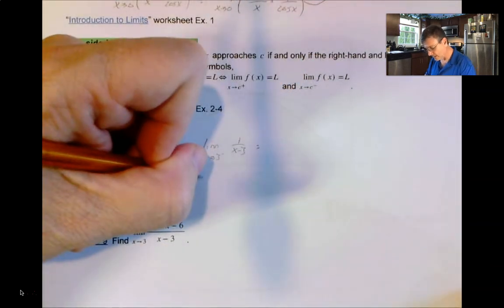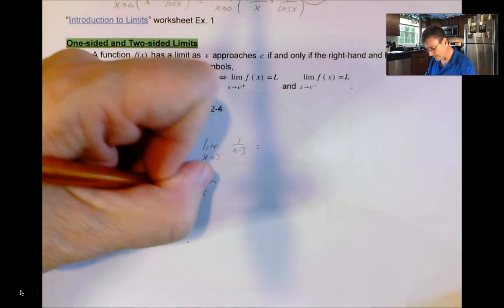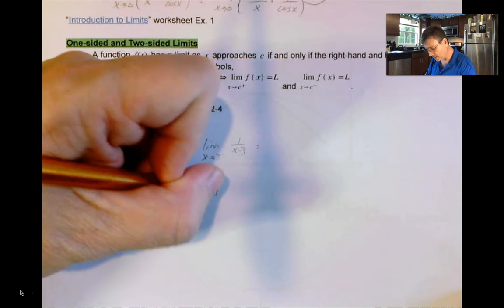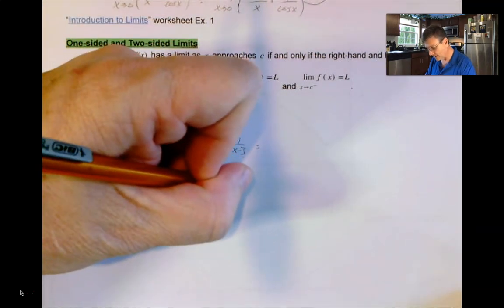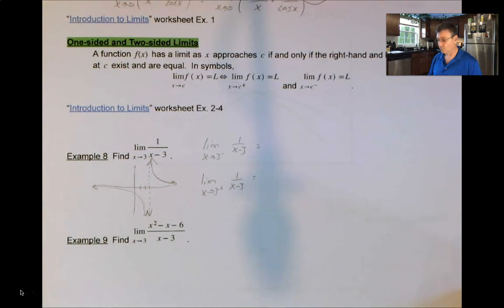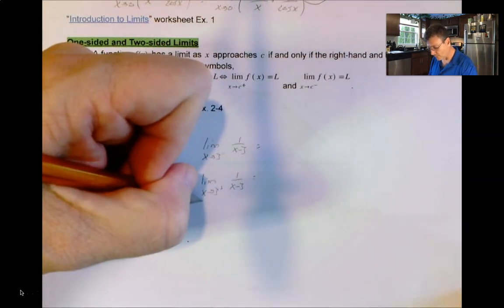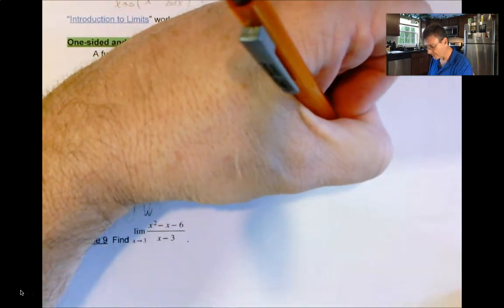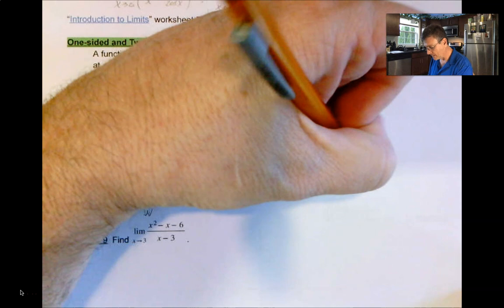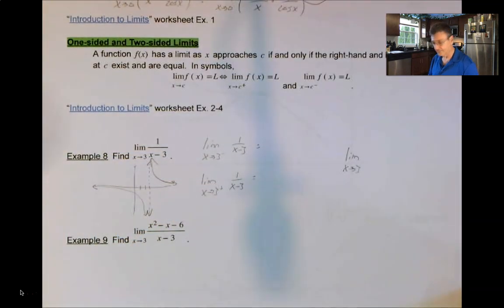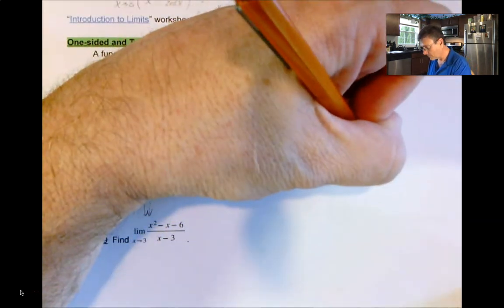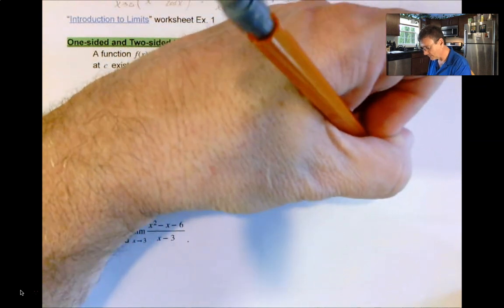And we need to find out what the limit as x approaches 3 from the right of 1 over x minus 3 is. If these agree, then we will know the final answer, the two-sided limit as x approaches 3 of 1 over x minus 3.